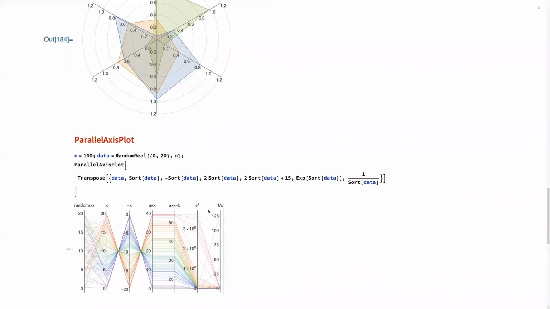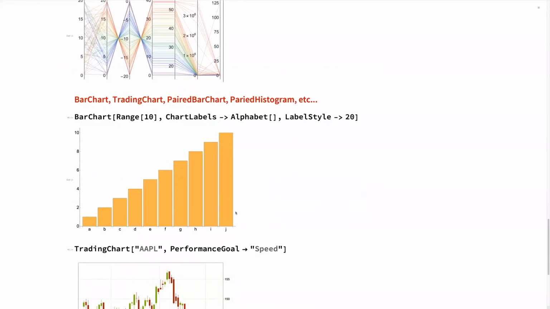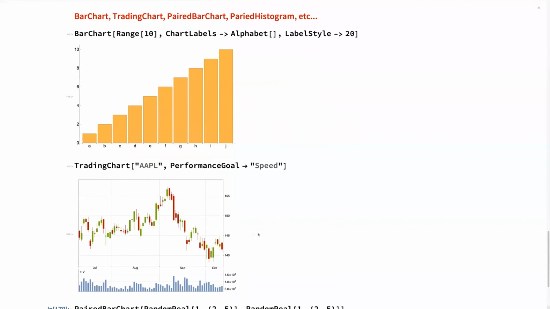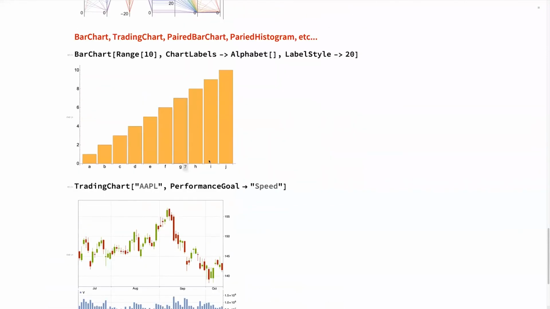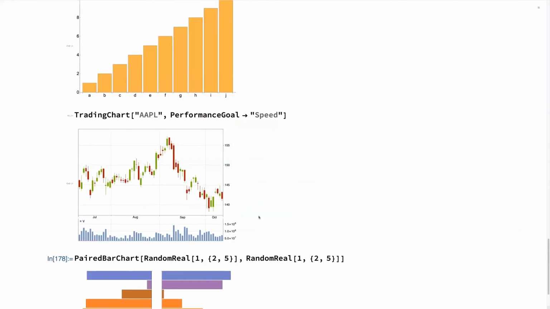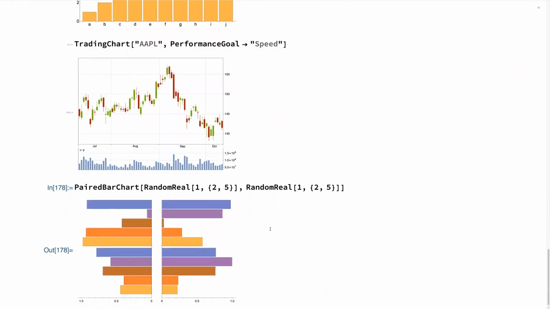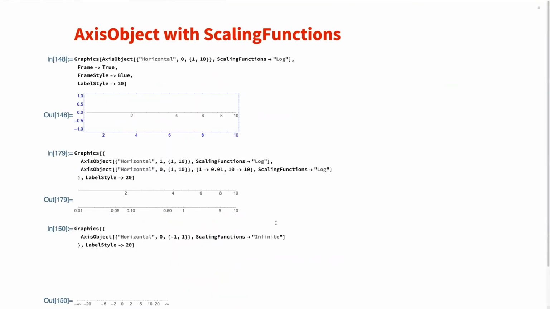Currently, it is not using the axis object, but it will be. And the development of this kind of plot will be much faster. So I'm running out of time. This is just an example of how other plots are using customized ticks, and they are just everywhere. And please look forward to these new changes in version 13.